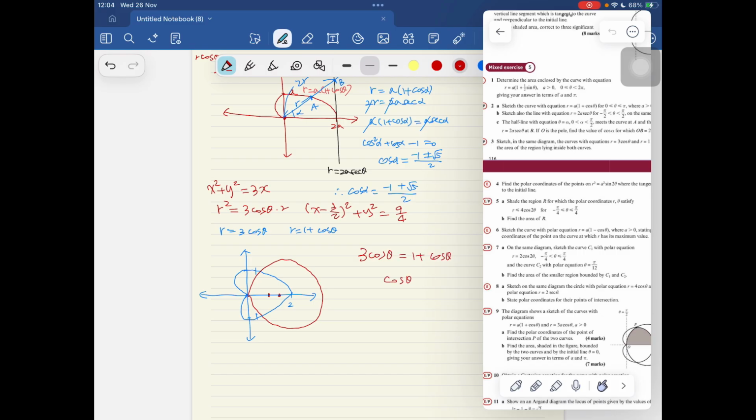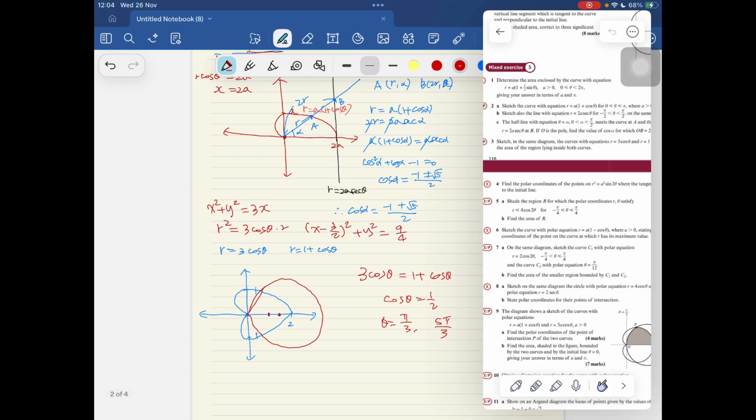Cos theta is 1 over 2, so theta could be pi over 3 and 5 pi over 3. So here is pi over 3, and here is 5 pi over 3. Here is the area between the curve and the polar axis.